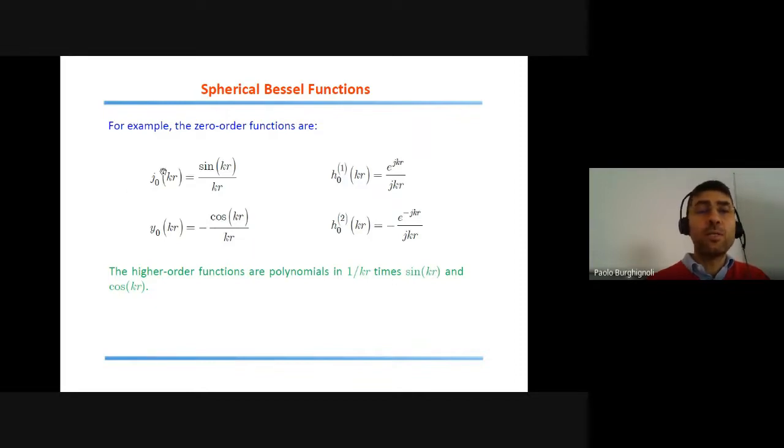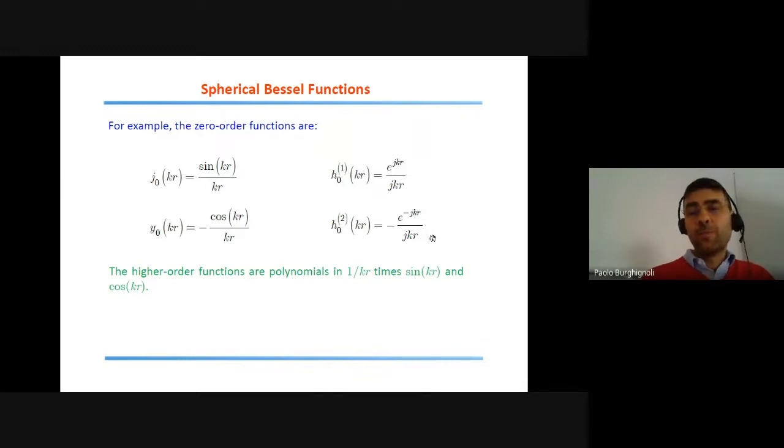So, as you can see, j0 is a regular function for any value of the argument because it has a removable singularity at the origin, whereas the y function is singular at the origin with an algebraic singularity of order 1. The Hankel functions are ratios of traveling wave exponentials, e to the plus jkr or e to the minus jkr, divided by jkr or minus jkr.